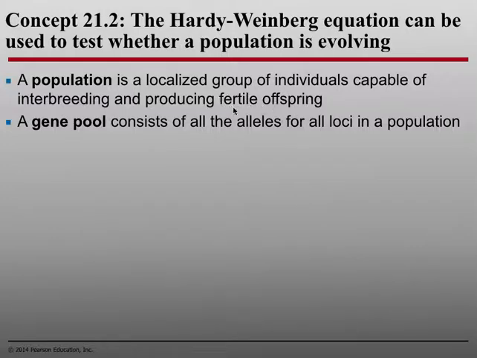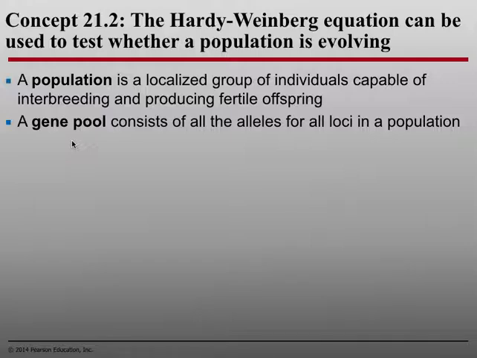They have to be able to produce offspring that are able to produce offspring. Otherwise, the population is just going to die. For example, mules. Mules are the result of a donkey and a horse, but they can't produce fertile offspring. In other words, you can't mate two mules. They just don't have the equipment for it.